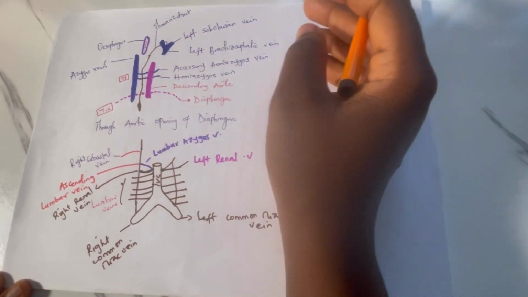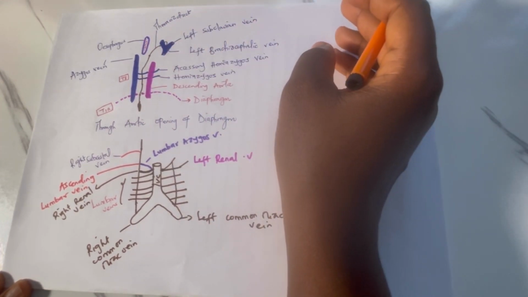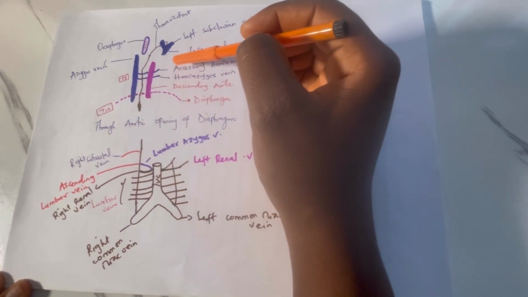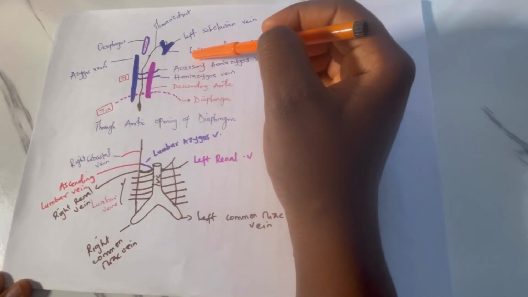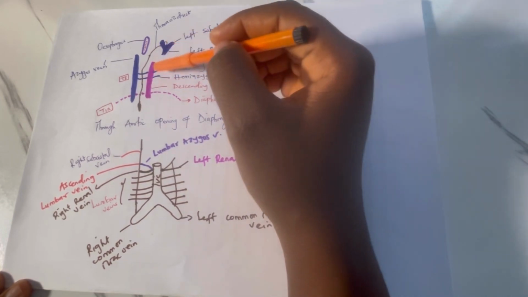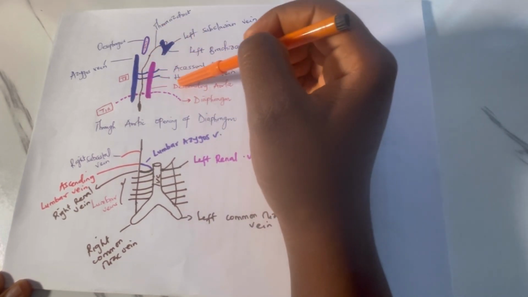So these are all the contents of the posterior mediastinum. You can see that the azygos vein is located in the posterior mediastinum as well as the posterior abdominal wall. So most of these relations are going to be the contents of the posterior mediastinum. I hope that makes sense.